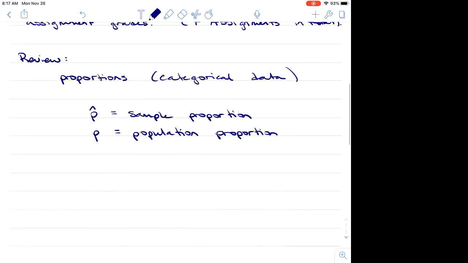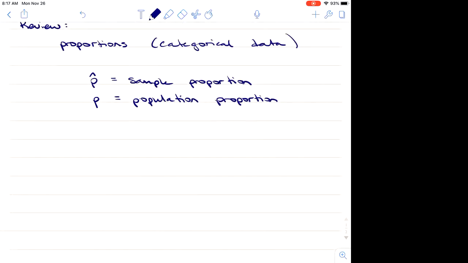You can also use pi, if you want to stick to Greek letters, but I've tried to go with how the textbook lays it out. Not that you guys have been reading the textbook, but just in case you did, I wanted to match the textbook. And so that's why we have just p. But if you want to stick to Greek letters for populations, then pi is your man.